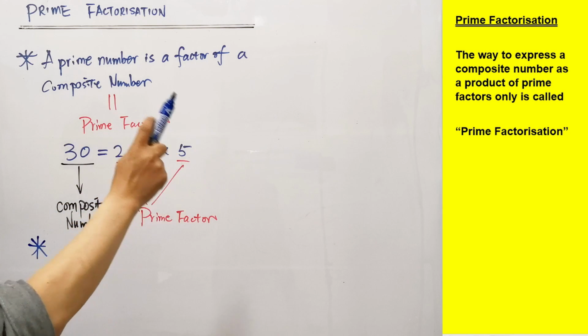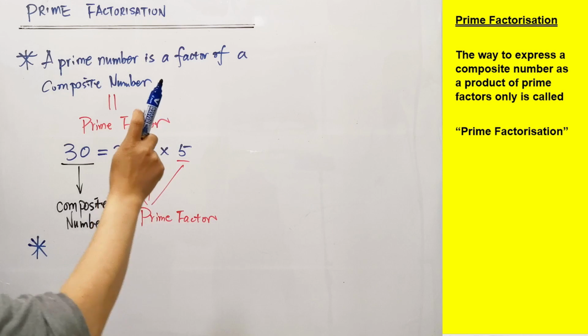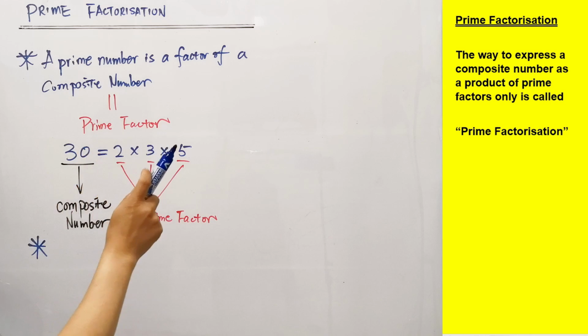The way to express a composite number as the product of prime factors only is called prime factorization.